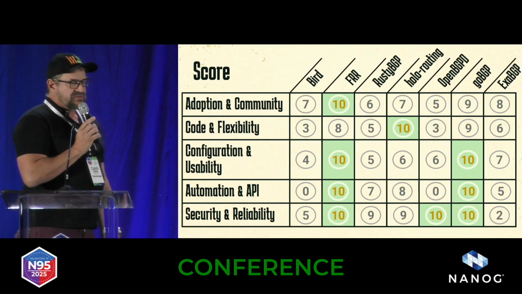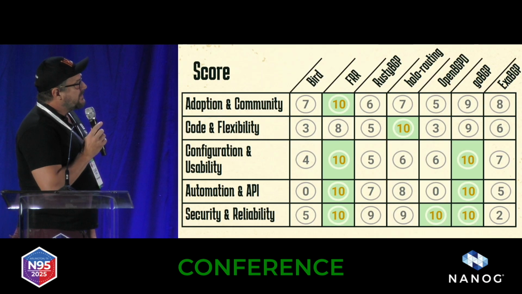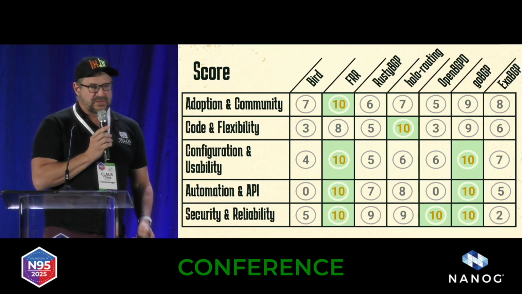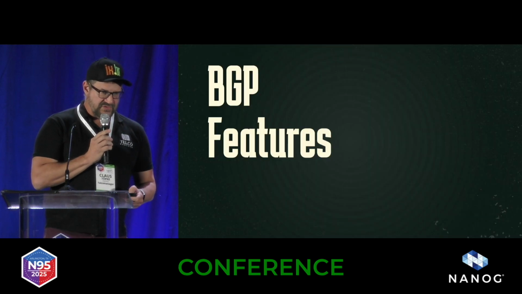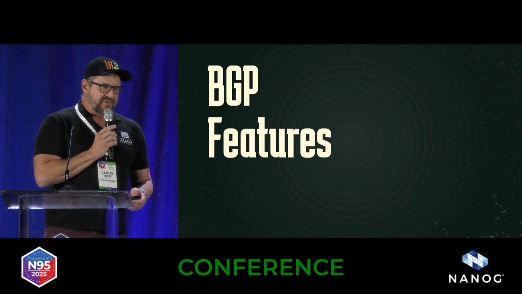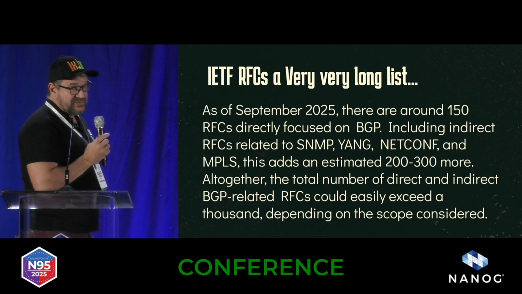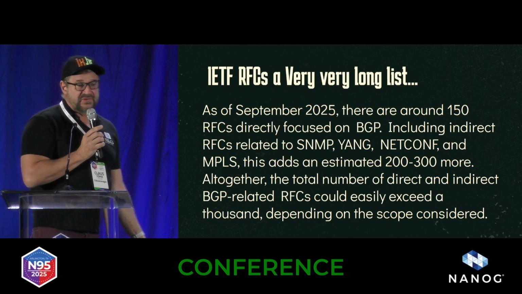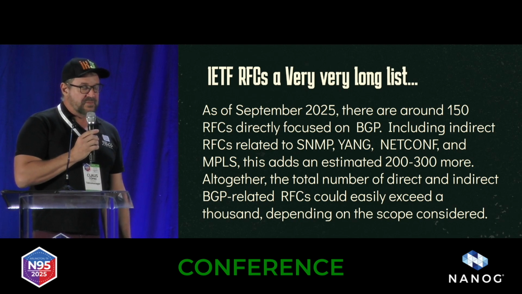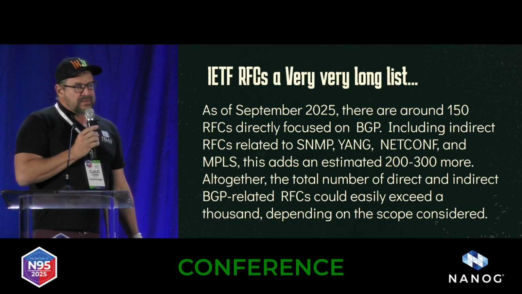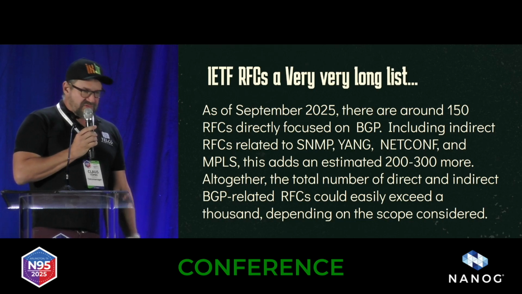So the score here for security is basically FRR, OpenBGP daemon, and GoBGP. BGP features are very hard to measure. It's almost impossible. There are so many RFCs and standards for BGP that it's unfeasible.